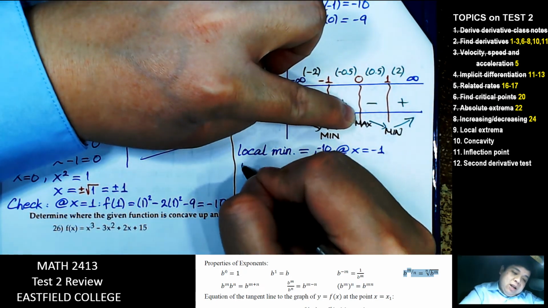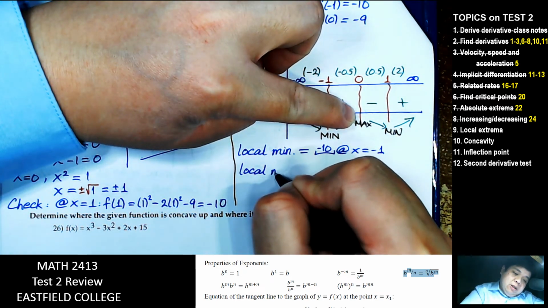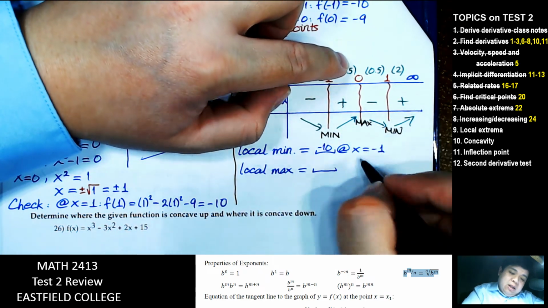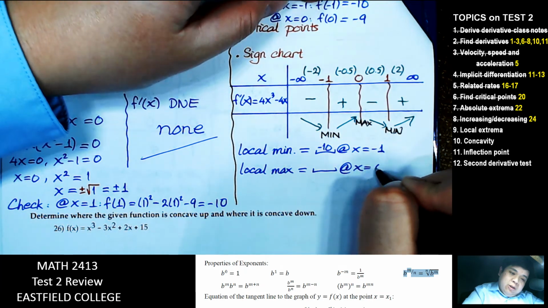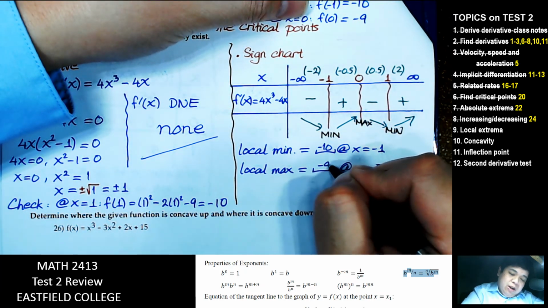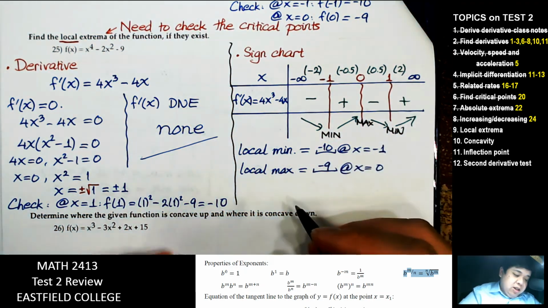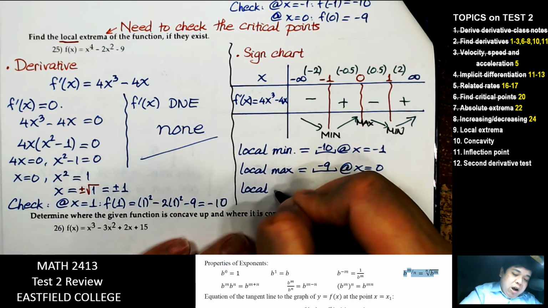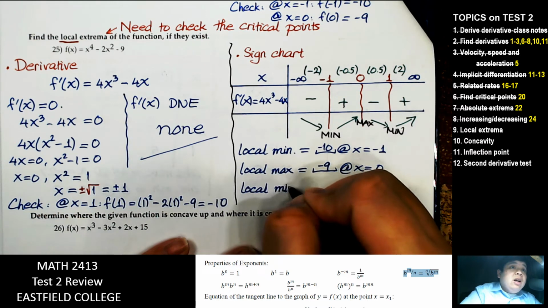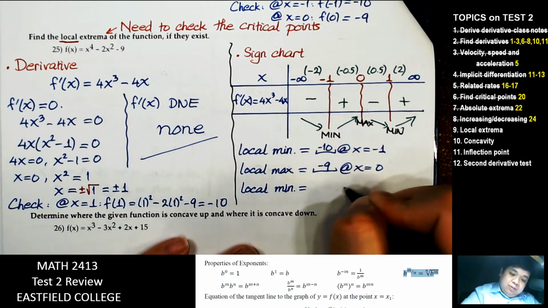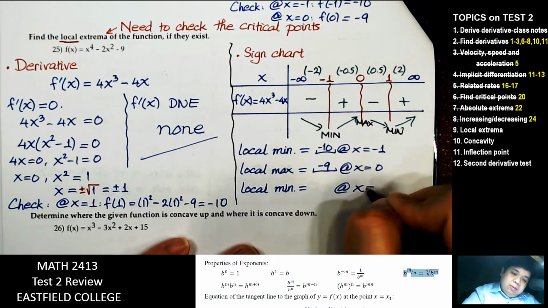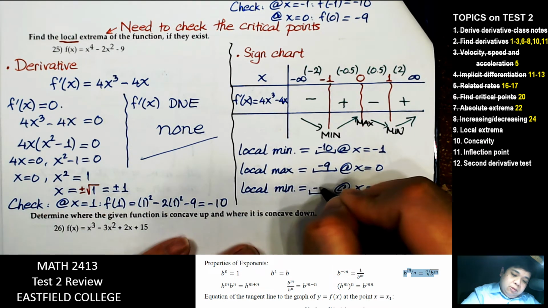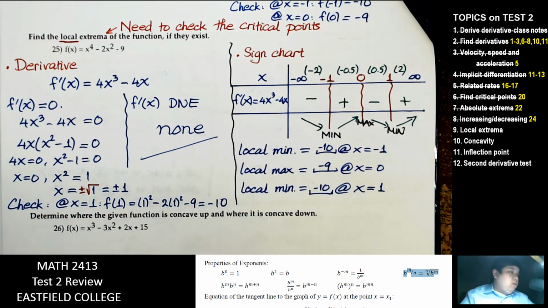Next, the local max at x equal to 0 is negative 9. That's what the y value is. That's why we check, just to find the y values. If the y values happen to be undefined, then we don't have the point. So that's what we have.